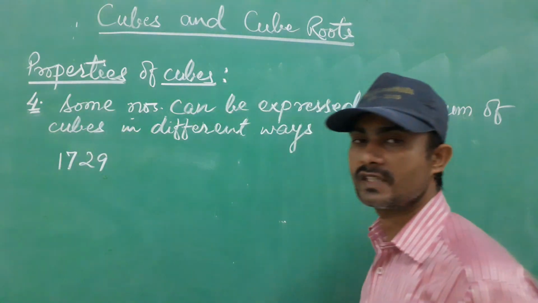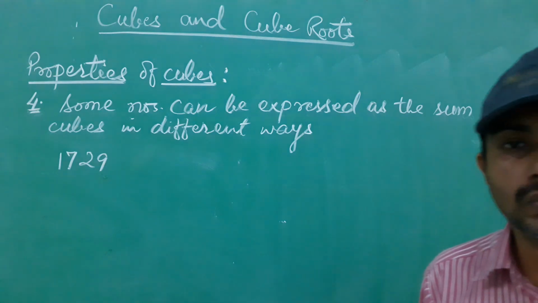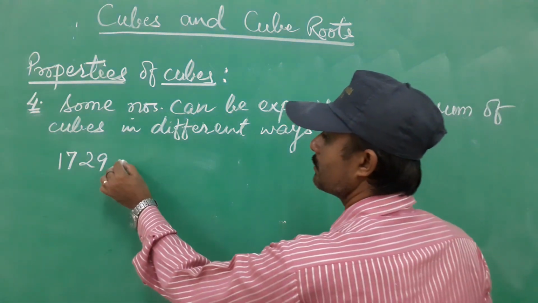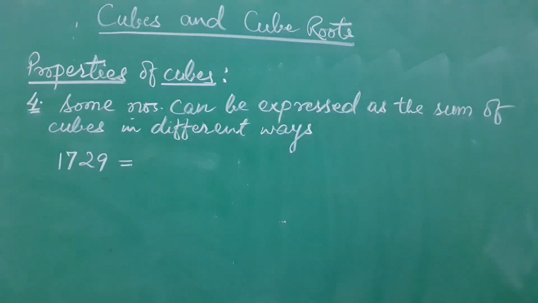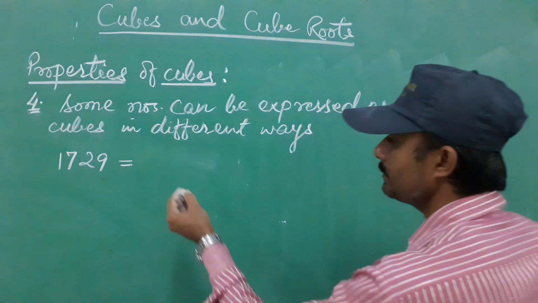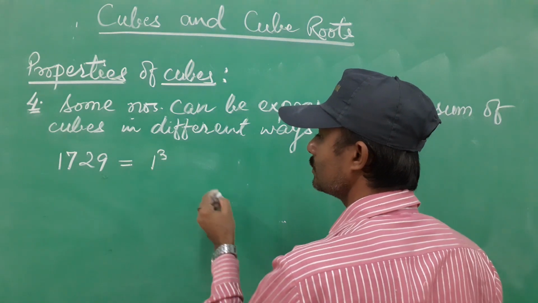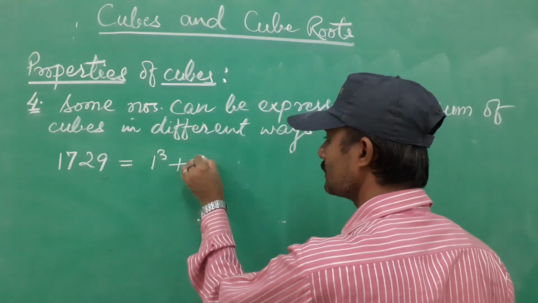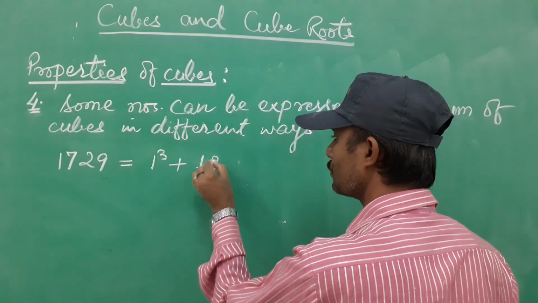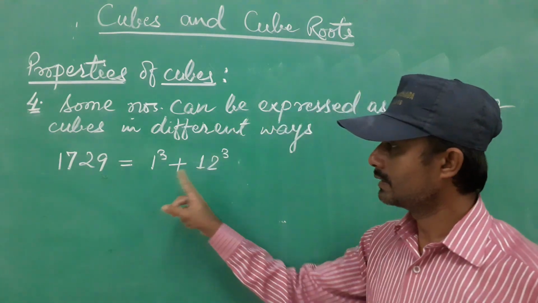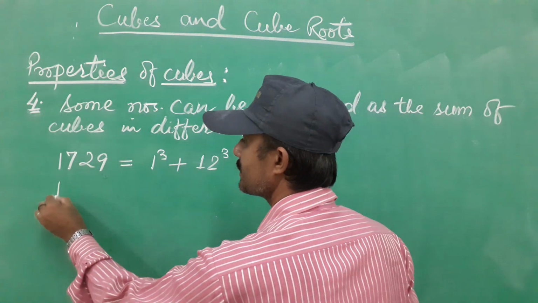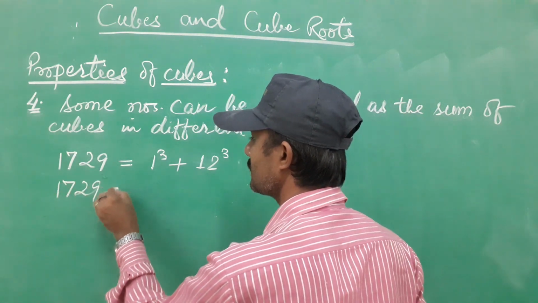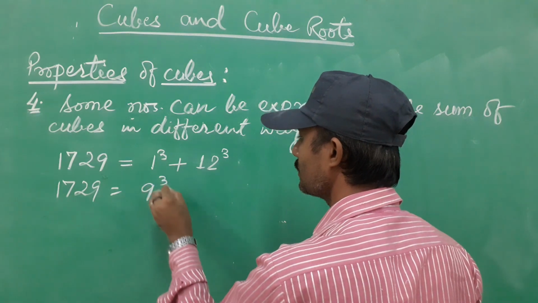1729. This is the special number 1729, because this number can be expressed as the sum of two cubes in two different ways. 1 cube plus 12 cube. Result will be 1729. And also the same number can be expressed as 9 cube plus 10 cube.